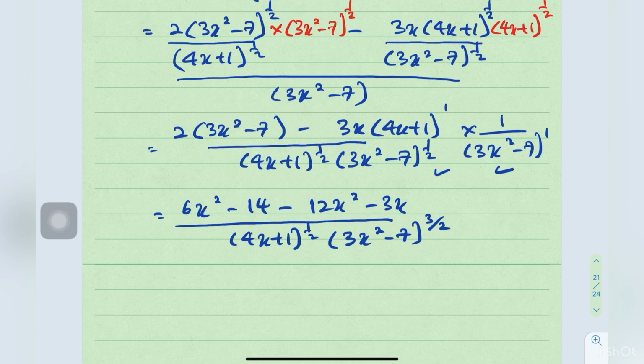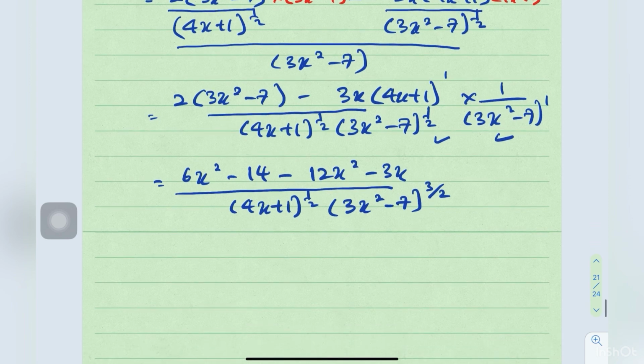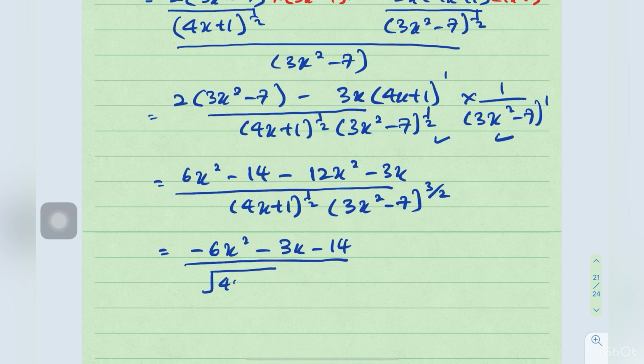Okay, so then we simplify this one. 6x squared minus 12x squared, negative 6x squared minus 3x minus 14. Okay, so this one over the square root of (4x plus 1) and the square root of (3x squared minus 7) to the power of 3.